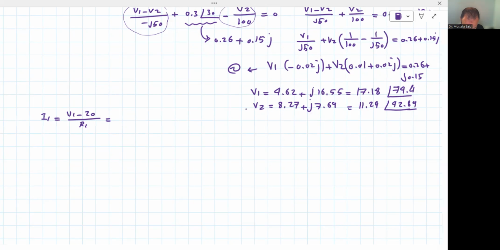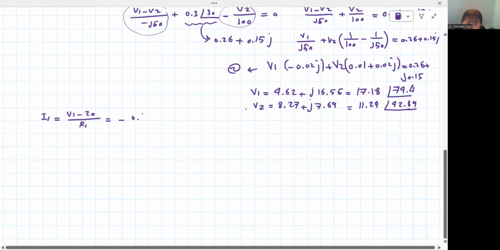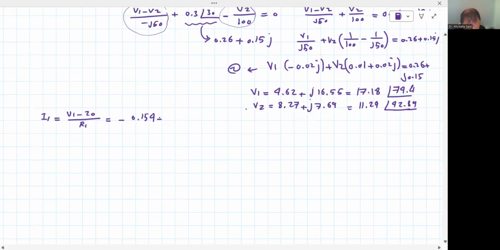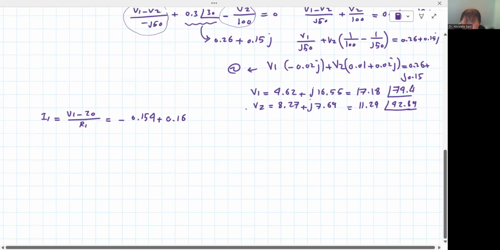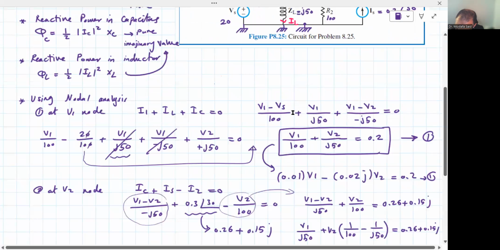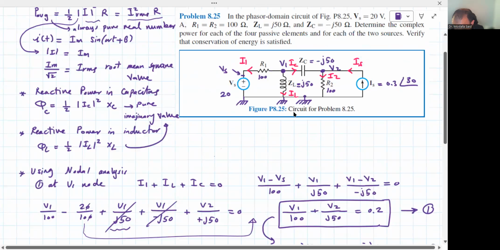So if you solve that, it will be minus 0.154 plus 0.165J, or in polar form 0.23 angle 132.9. Okay. IC will be equal to, IC is actually V1 minus V2 over ZC.